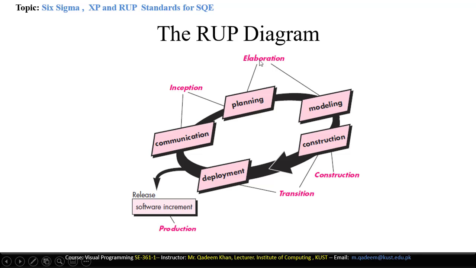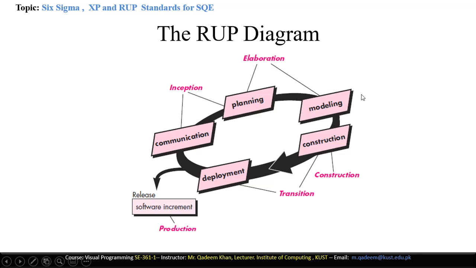In the next phase we perform the elaboration. It means that here we will create the planning as well as the modeling of the software. The model will act like a prototype, and the modeling will be performed using certain UML methodologies such as class diagrams, object diagrams, and we will also utilize different patterns for the UMLs such as collaborator patterns and similarly observer patterns, etc. So here we will utilize different patterns or methodologies to design the software.